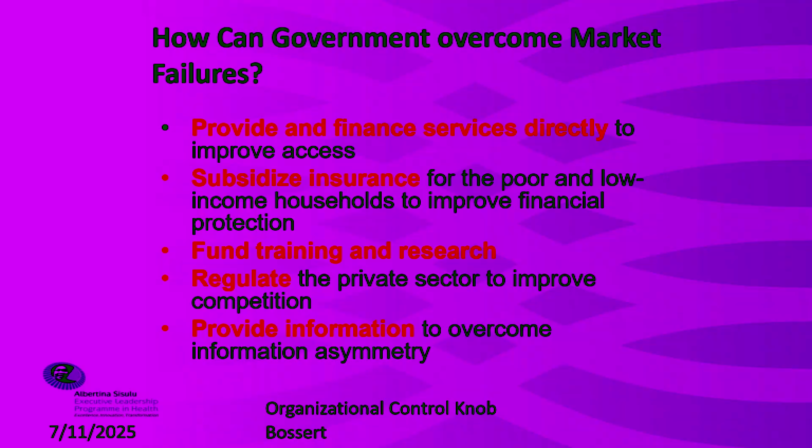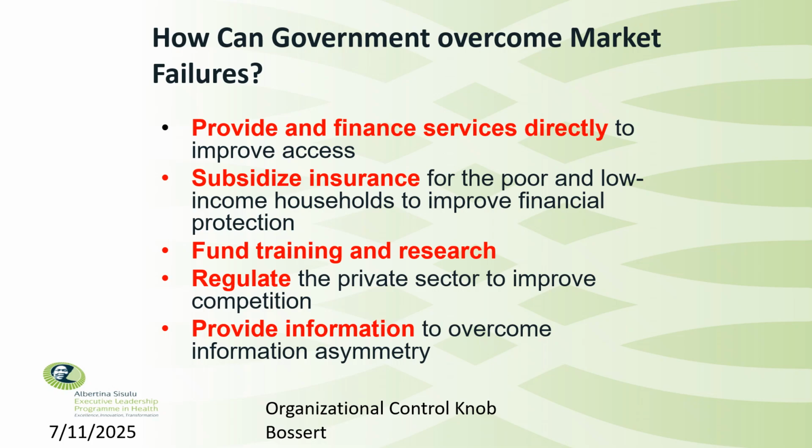Remember the agency problem? That you have the principal and the agent, and there's information asymmetry between them. The client doesn't know enough about their particular health condition to decide what needs to be done for them. But we can, as government, provide information to clients so that they are aware that if you are pregnant, you need to access early antenatal care.